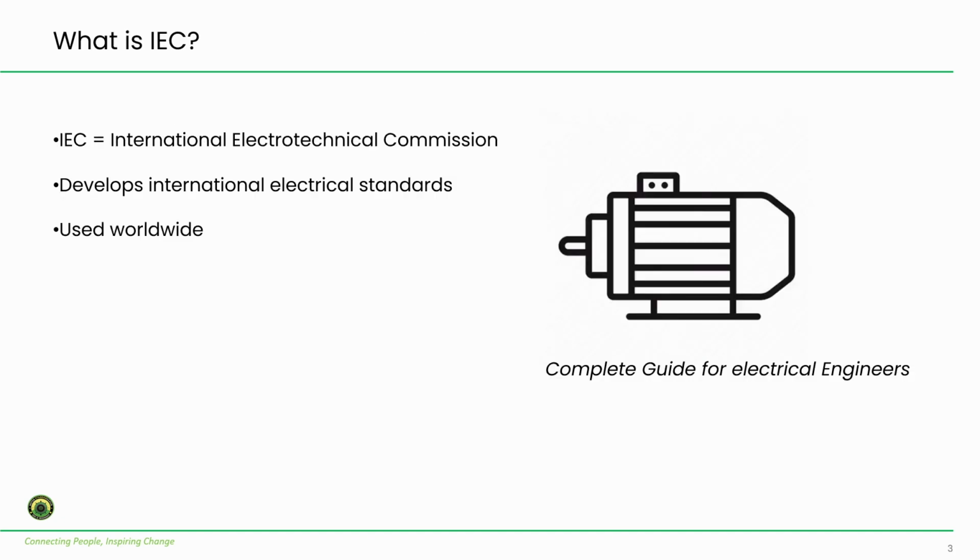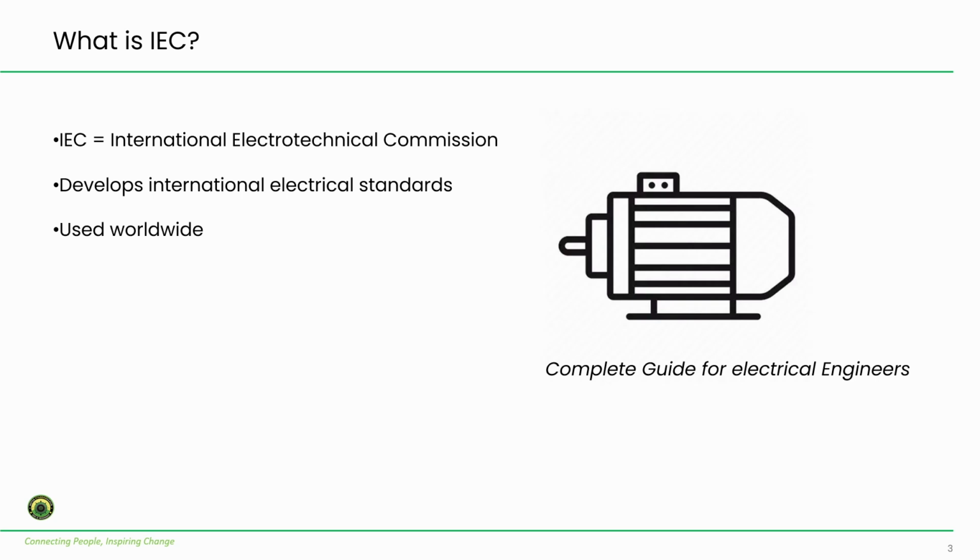So what is IEC? IEC stands for International Electrotechnical Commission. It is a global organization that develops and publishes international standards for electrical and electronic technologies. IEC standards are used worldwide by manufacturers, testing labs and industries. These are the requirements given in the standards so that all the manufacturers can make the machines as per that.